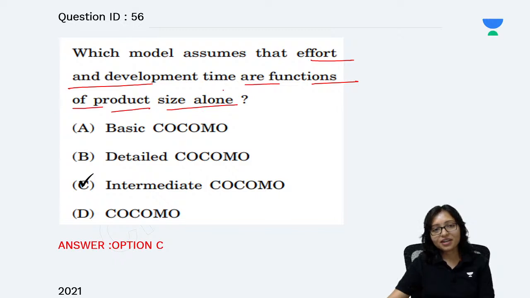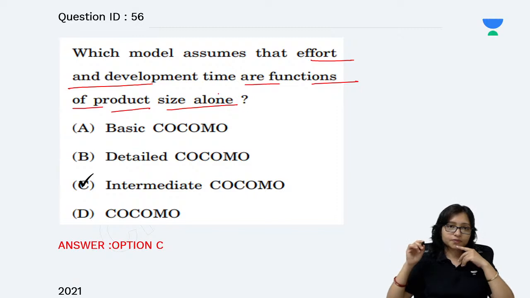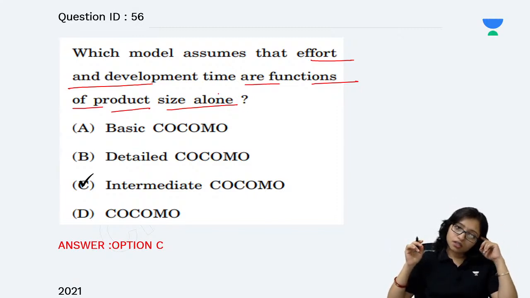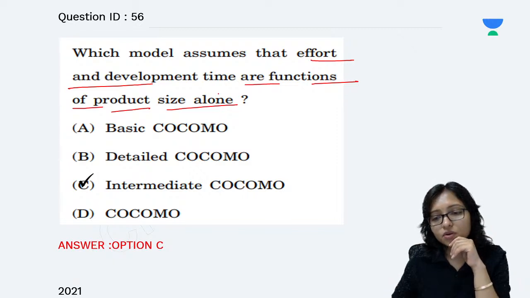Effort and development time are functions of product size alone. So why should we choose the basic COCOMO?